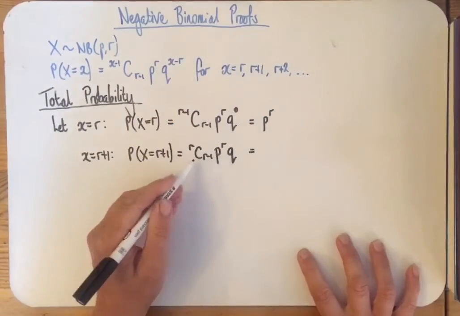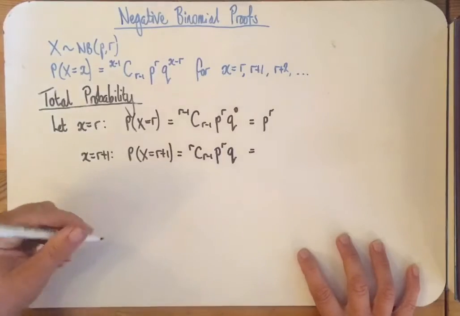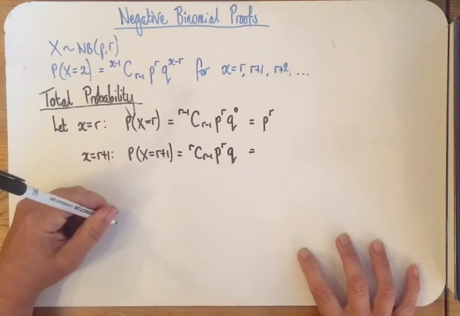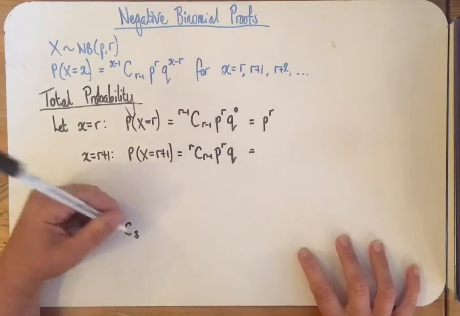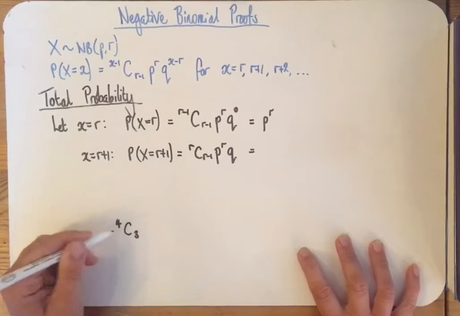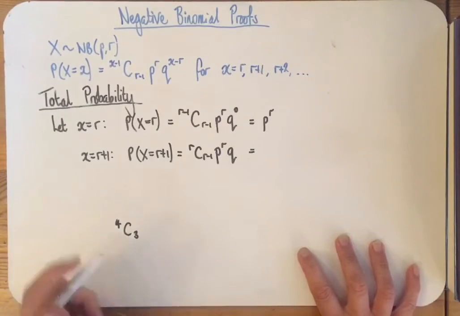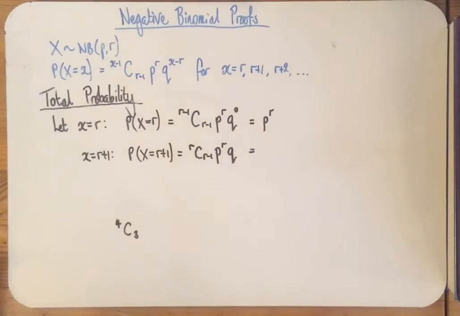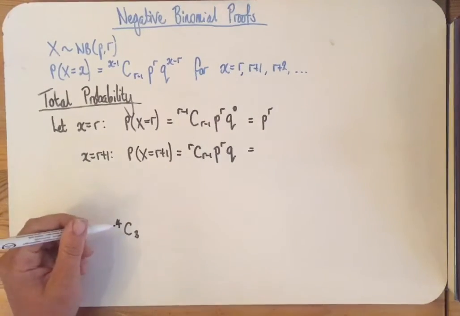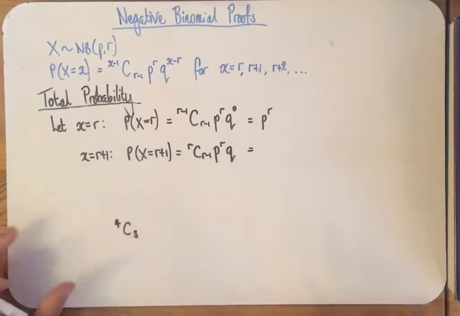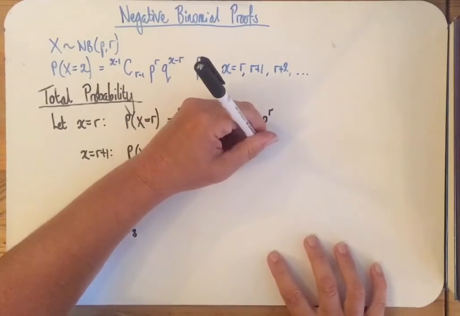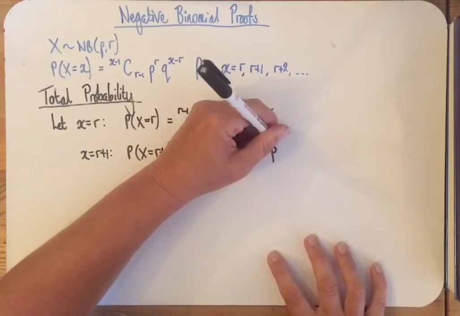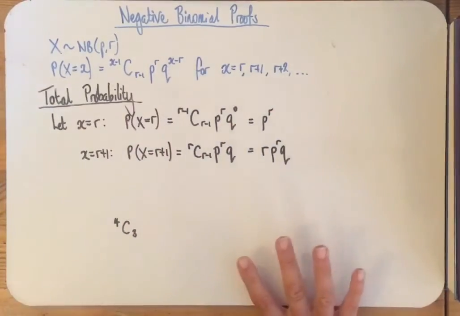R choose r minus 1: say r is 4 again. If you've got 4 choose 3, you're always leaving 1 out. You're choosing 3 from 4. And so 4 choose 3 is going to equal 4. And r choose r minus 1 will equal r. So we end up with r, p to the power r, q.